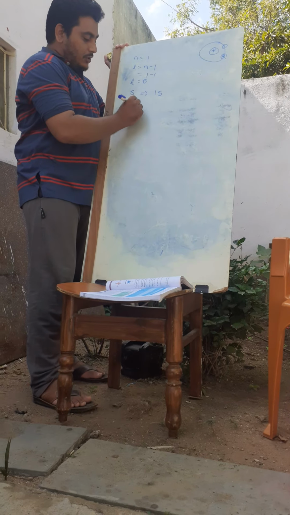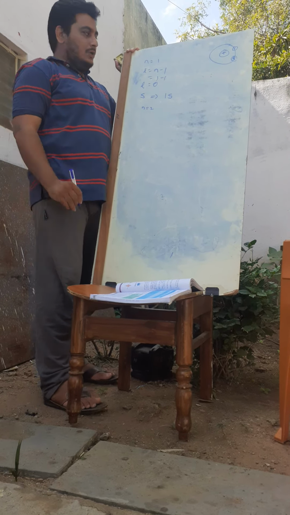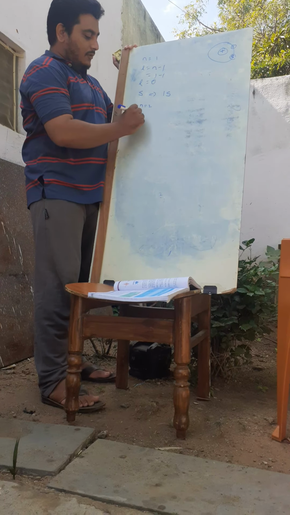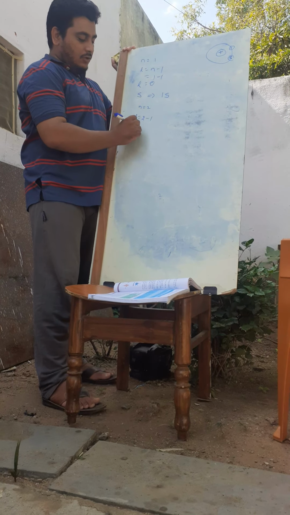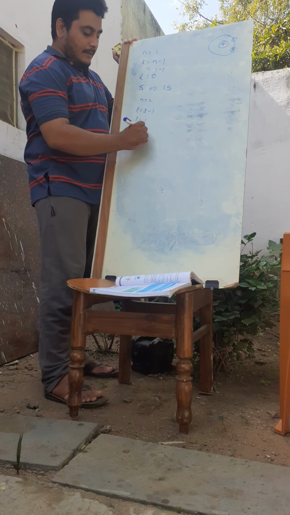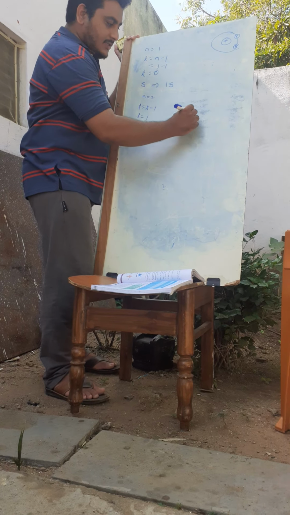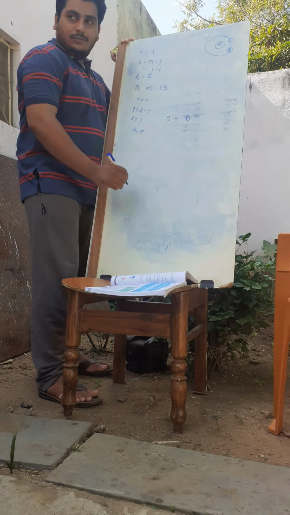For example, n is equal to 2. When n is equal to 2, what happens to the L value? 2 minus 1, L is equal to 1. It means that it consists of s orbital and p orbital. When it is the s orbital, the value will be 0.